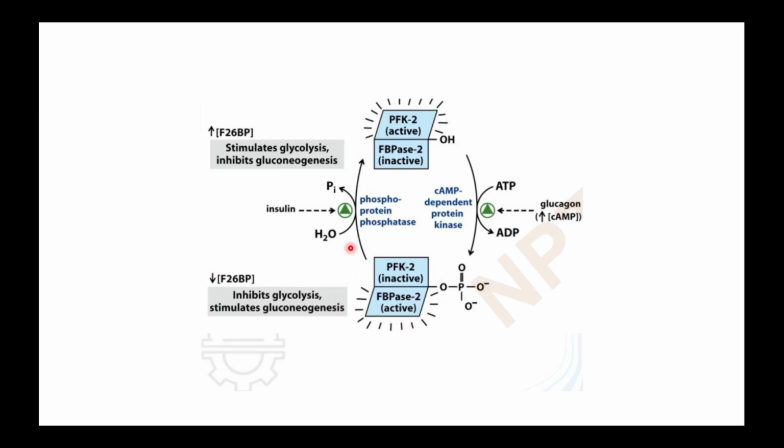So once insulin is secreted, insulin will activate a phosphoprotein phosphatase, which will dephosphorylate this bifunctional enzyme. And once the dephosphorylated form is present, in that form PFK2 is active. Okay, so the phosphorylated version has FBPase2 active, the dephosphorylated version has PFK2 active. Okay, now once PFK2 is active, what will happen?